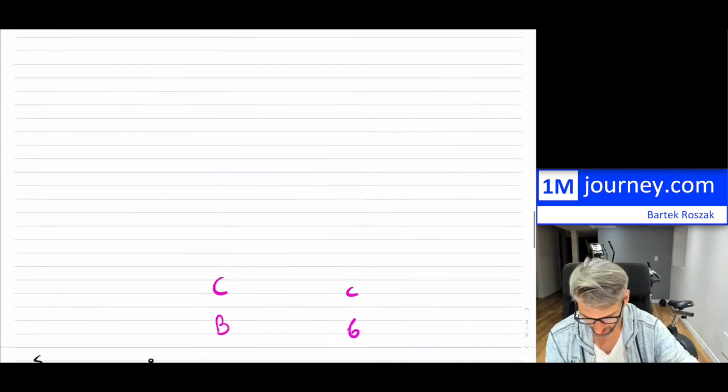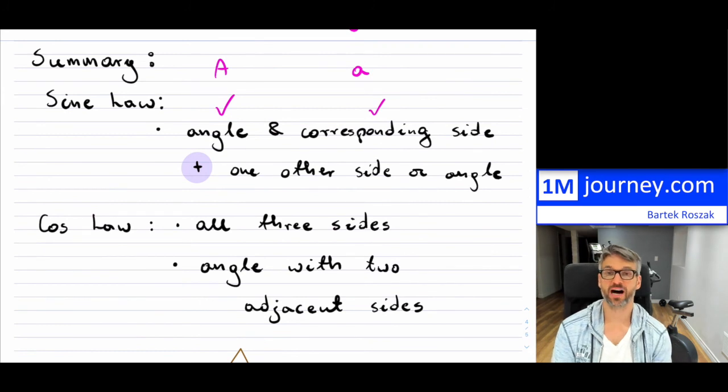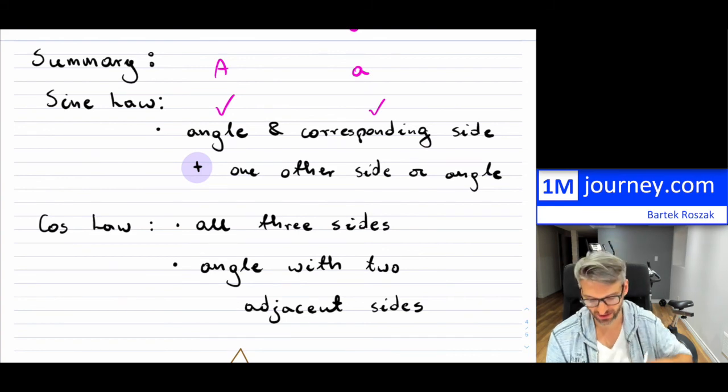So in summary, for the cosine law, either all three sides are given. Great, I can then find any angle that I like. Or an angle with two adjacent sides is given, meaning two sides, and then the missing side's angle is given.